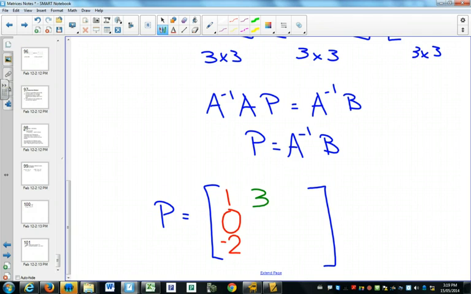The A and the inverse of A cancel out, giving you P equals inverse of A, B.